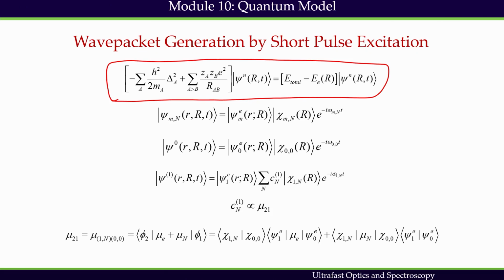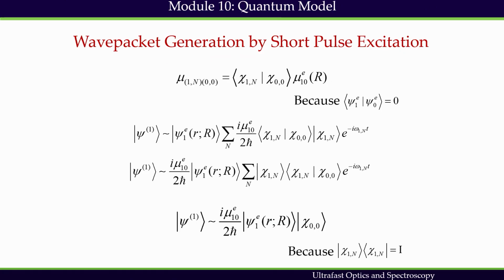And if we then insert these contributions into the previous Cn equation, then we can say that this is proportional to mu 2 1, and that's an expression which we need to find out. And the mu 2 1 expression is given if we simply insert it and simplify the expression with the help of the identity operators like this, we finally get an expression for the excited state.